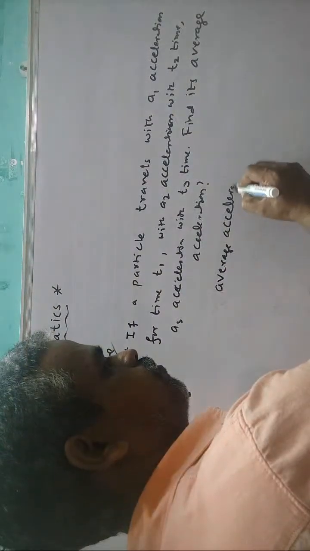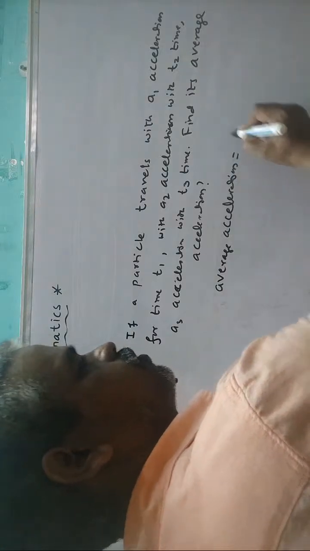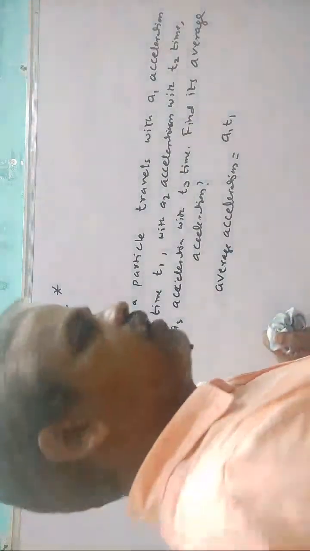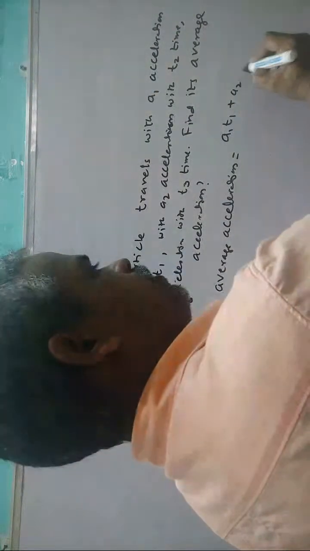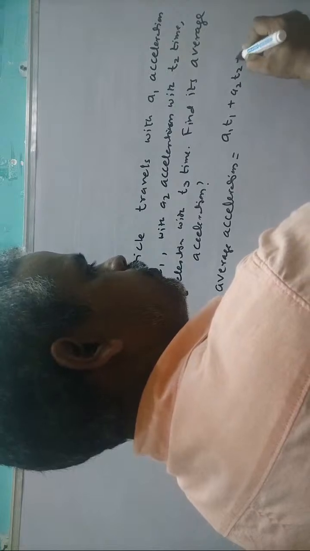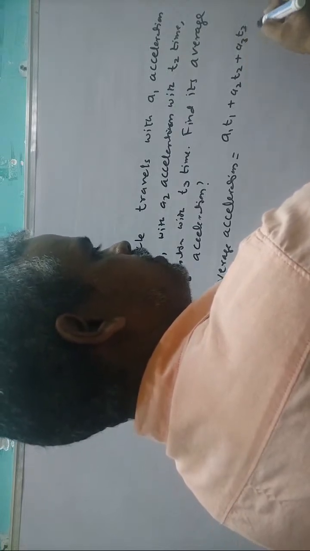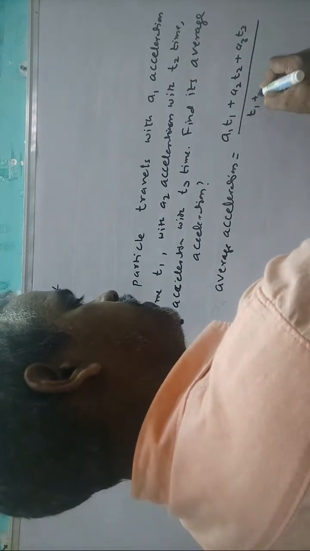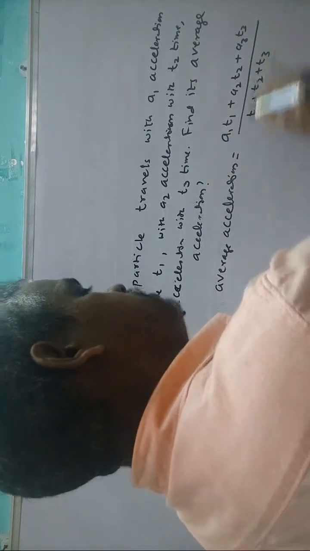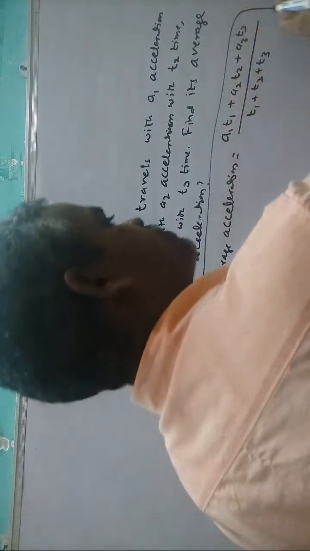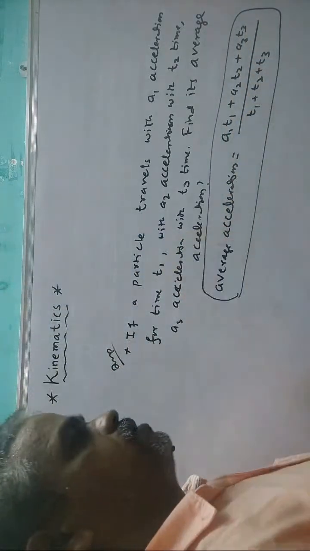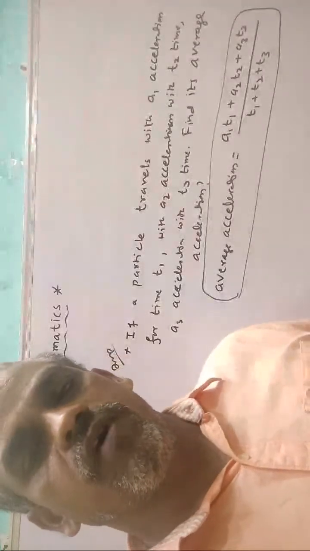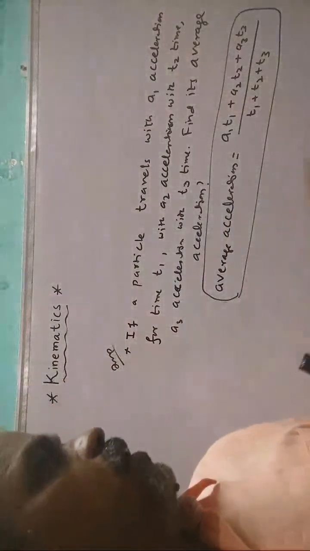Average acceleration equals a1 t1 plus a2 t2 plus a3 t3, divided by t1 plus t2 plus t3. This is average acceleration for this situation.